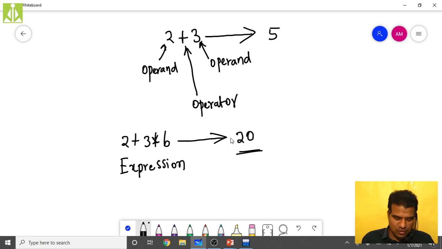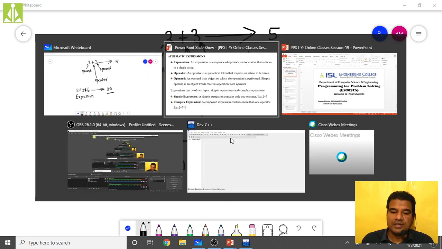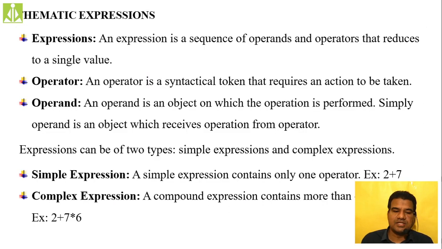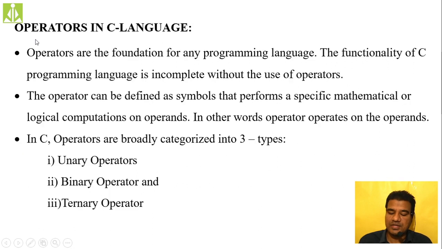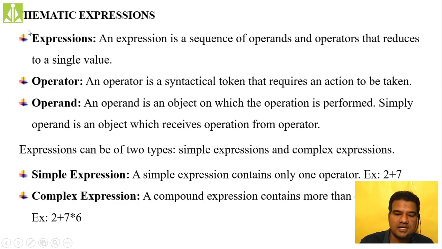Quickly go and see your slides, what we have over there. See these definitions. The expression definition we have seen: it is a sequence of operands as well as operators which when evaluated results in a single value. The next thing is, what is an operator? An operator is a syntactical token that requires an action to be taken, or something which performs operations on the operands. Then what is an operand?